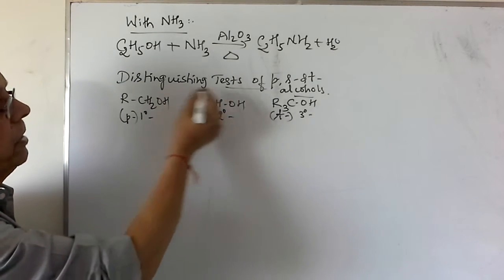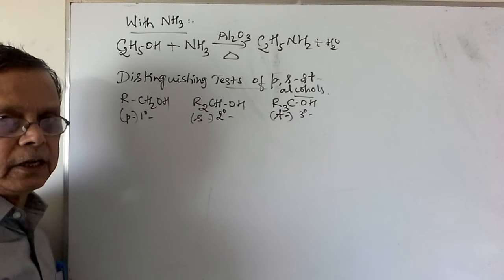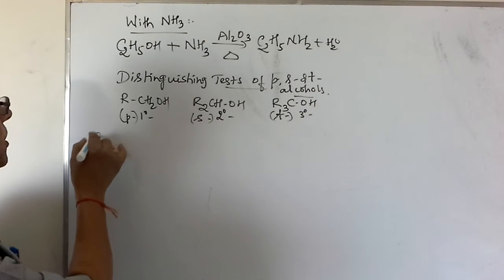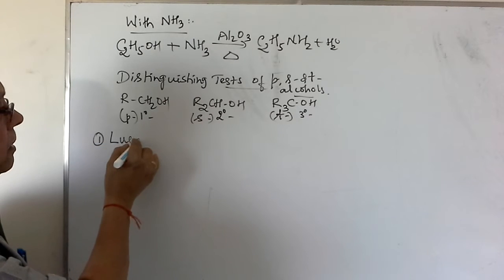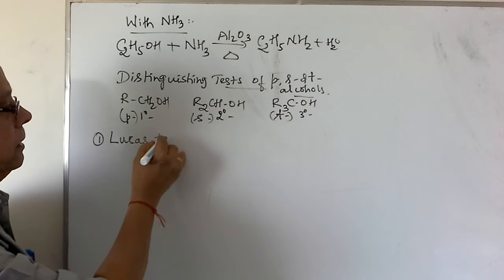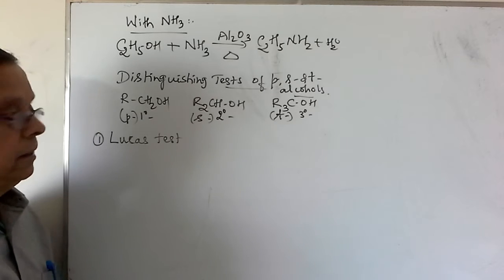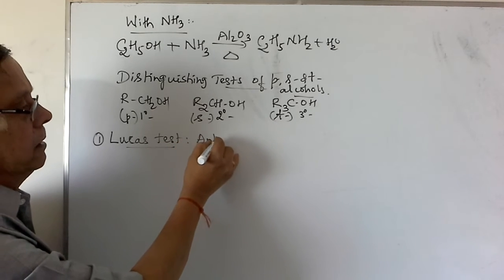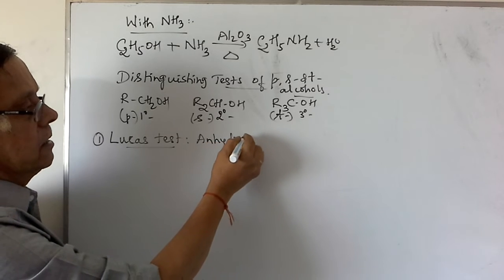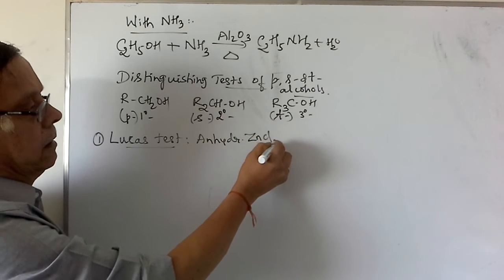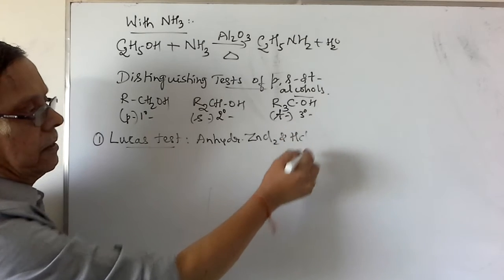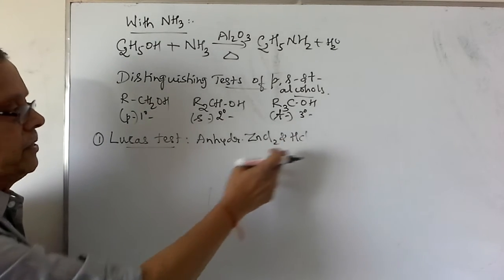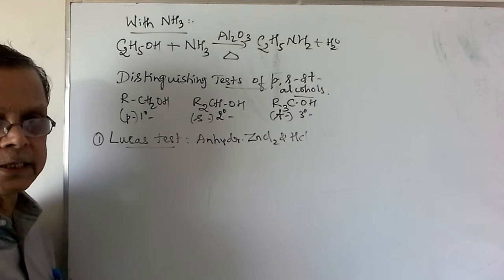So to distinguish these primary, secondary and tertiary alcohols, we use various tests. One among them is the Lucas test. This Lucas reagent is anhydrous zinc chloride and dry HCl gas. So when we use this reagent, zinc chloride and HCl, that test is named the Lucas test.